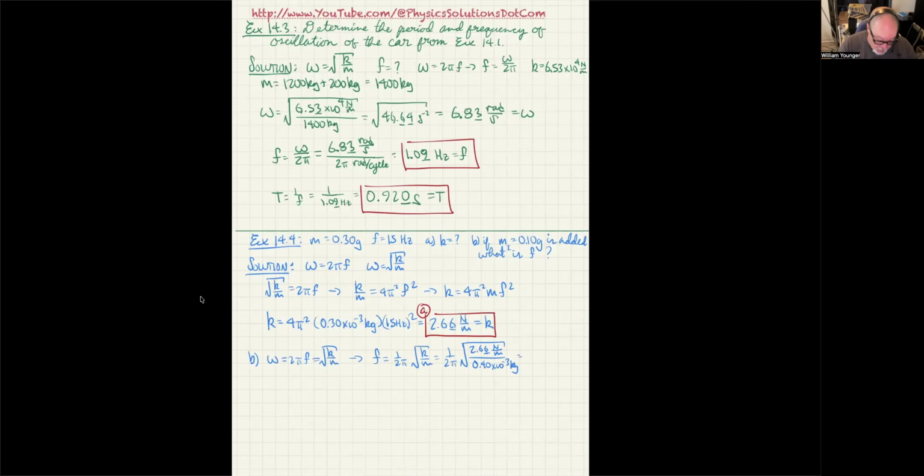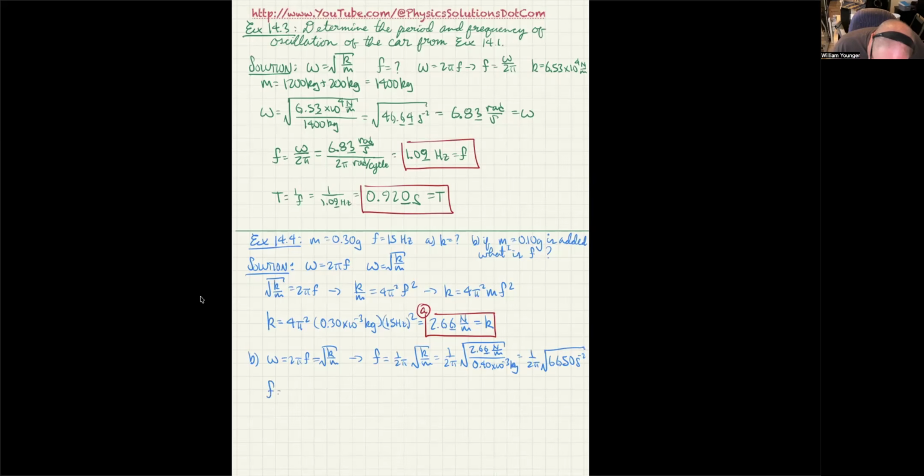And I'll take 2.66 and divide it by 0.4 times 10 to the negative 3, and that's going to give me 1 over 2 pi times the square root of 6,650, and in this case it's seconds to the negative 2 power.